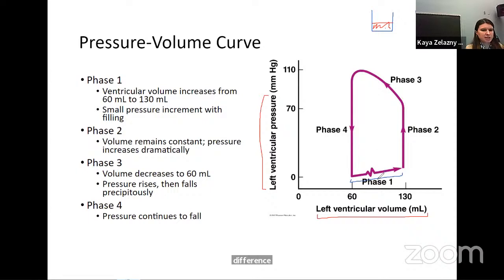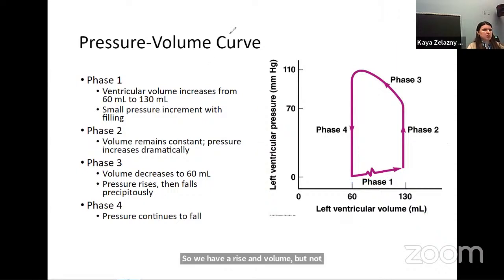If you're wondering about that little blip here, think that's the atrial contraction. Okay, so we have a rise in volume, but not much rise in pressure. So then we go into our phase 2. Phase 2, that's that isovolumetric contraction. So we filled the ventricle, and now our ventricle is getting smaller because we're squeezing the heart muscle. We're contracting that heart muscle, contracting the myocardium.